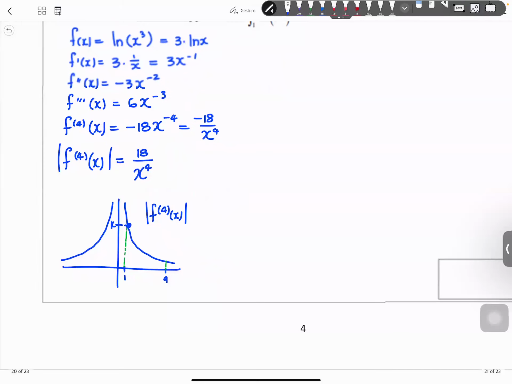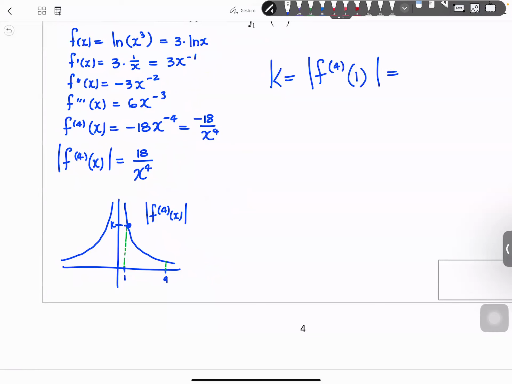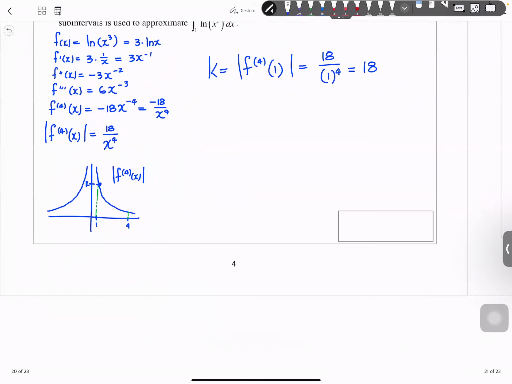So k is equal to the absolute value of the fourth derivative evaluated at 1. So it is 18 divided by 1 to the power 4, which means it is equal to 18. So k is equal to 18.